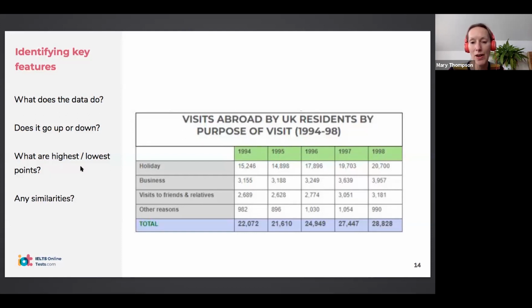And if you look at how much they increase, they don't increase very much. So there's not much of a rise. Okay, so each year is fairly similar to the previous one. Any notable exceptions? Anything that is particularly different here? Yeah, so Shabnam has said holidays. So holidays, as you can see, there's a lot more people that go on holiday than go on business.